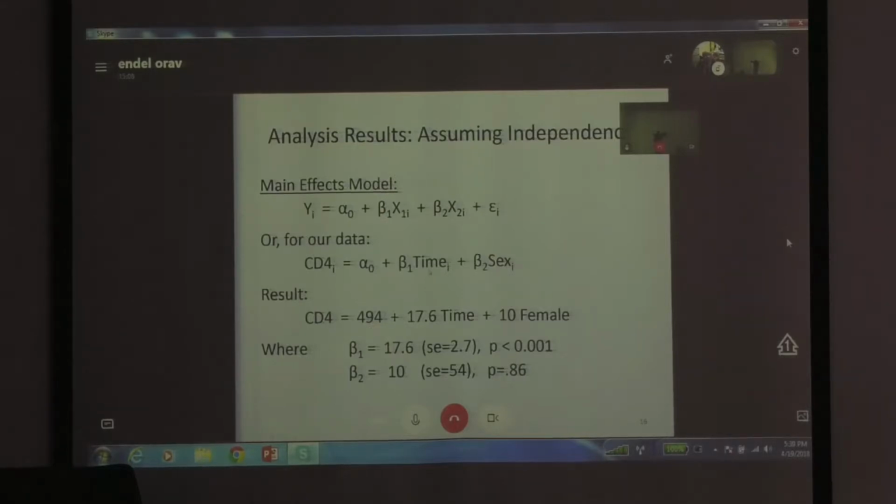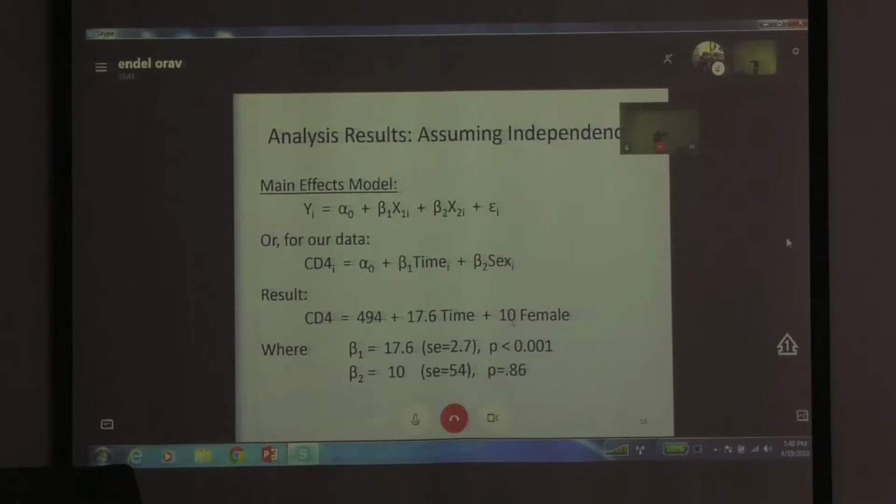Since time is coded 0, 1, 2, and sex is coded 0, 1, the 494 would be the average CD4 count at baseline for men, the reference group. 17.6 times time means that for every, time is coded 0, 6, 12, my mistake, for every 1 unit increment in time, every month, CD4 goes up by 17.6. Standard error is there, and so there's a significant rise in the CD4 count over time.